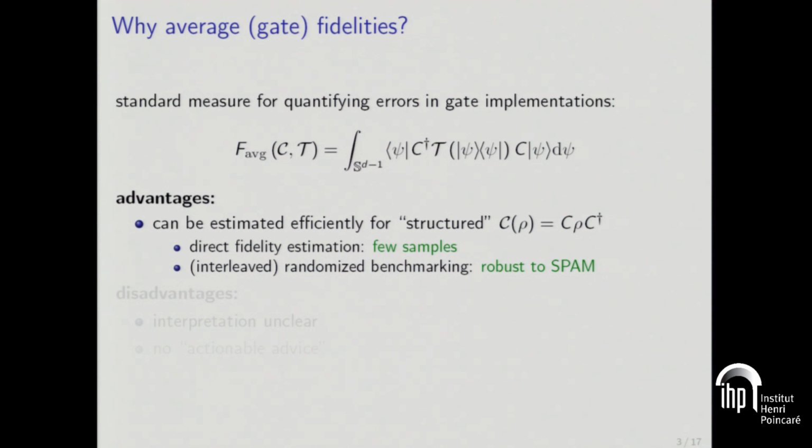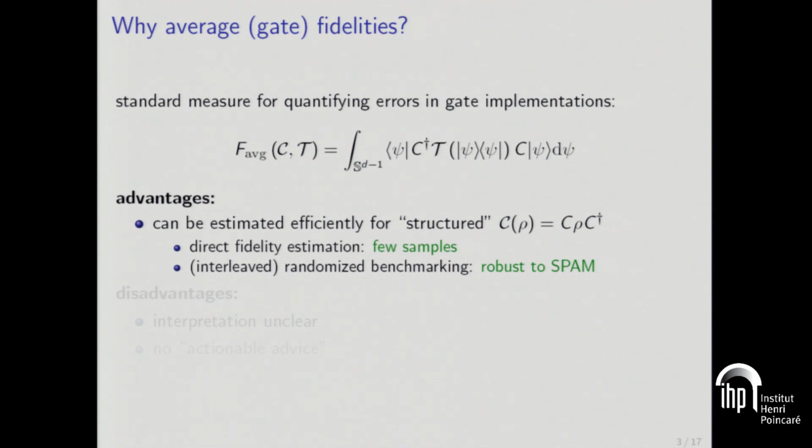And this is really remarkable because, unlike standard state or process tomography methods, or direct fidelity estimation, this procedure is provably robust with respect to state preparation and measurement errors. So this is a huge advantage over traditional estimation techniques.